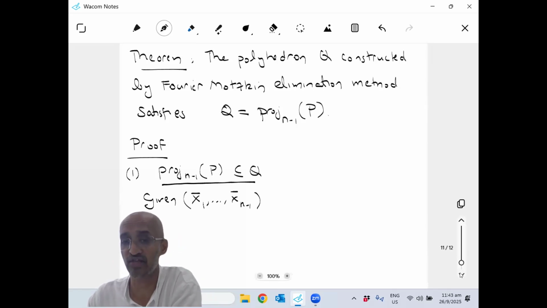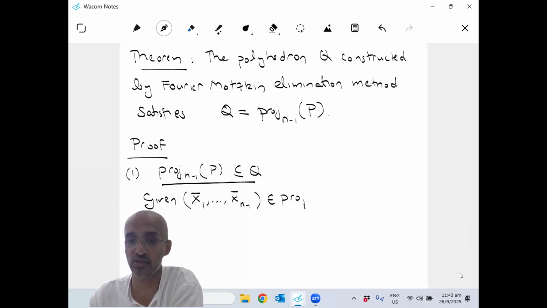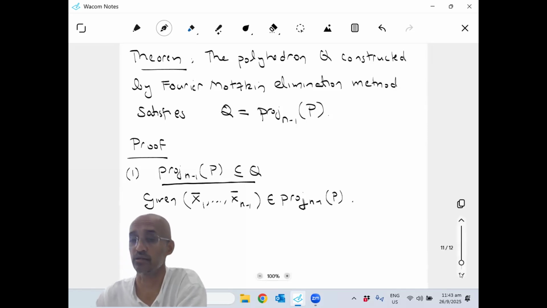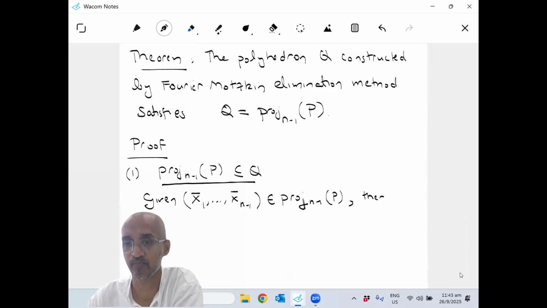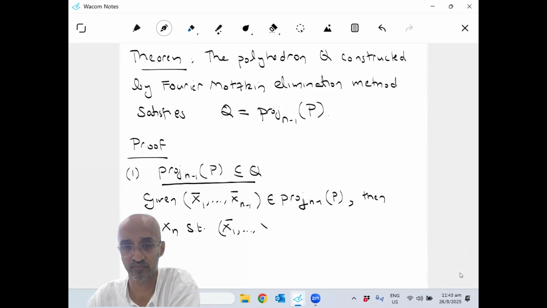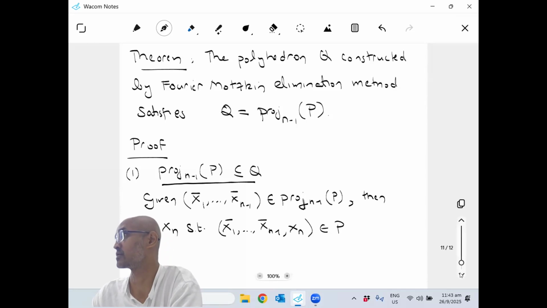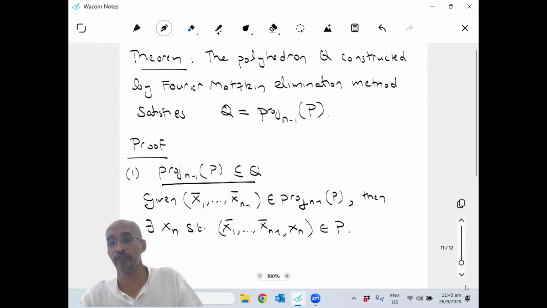Suppose this lies in the set projection of n-1 P. What does it mean? It means that there exists some value xn such that, given any point in the set, this is the definition of a projection. If I give you a point in the projection, I can find some point xn so that it lies in the set P.